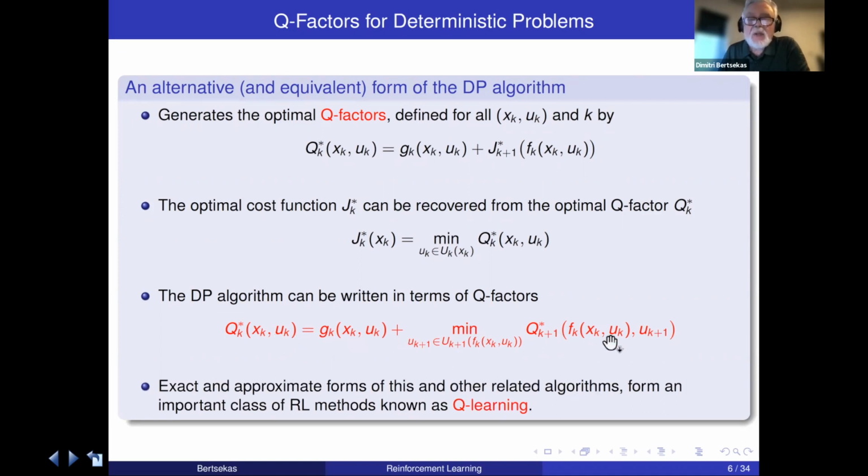However, this alternative dynamic programming algorithm can be viewed as another way to do approximations. And approximate forms of this type of algorithm and related algorithms form a class of reinforcement learning methods which are known as Q learning. We will revisit Q learning later. We're going to focus primarily on cost functions.